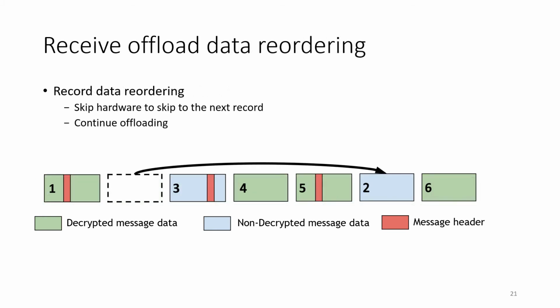Let's consider a different scenario. Here, TLS record data is reordered, such that after packet 1, the NIC expects packet 2, but instead packets 3, 4, and 5 are received, and only then packet 2 arrives. So in this case, when the NIC receives packet 3, it cannot decrypt this packet, as the packet does not match the NIC's expected TCP sequence number.